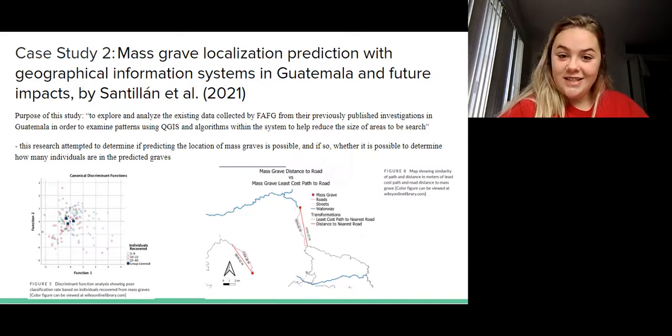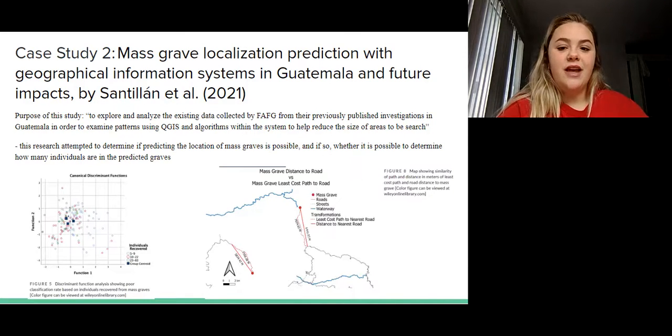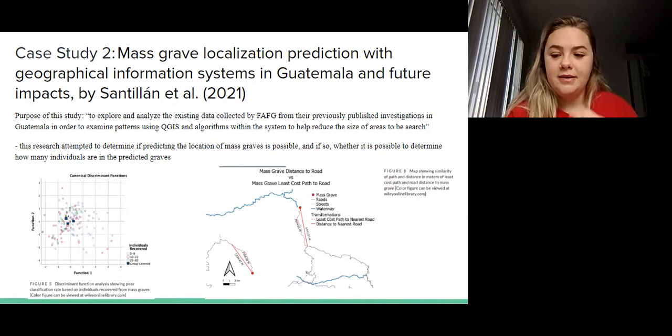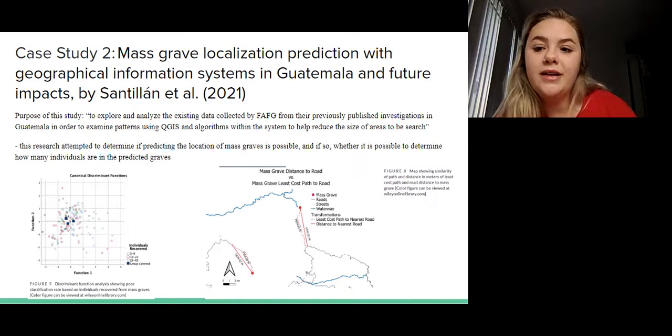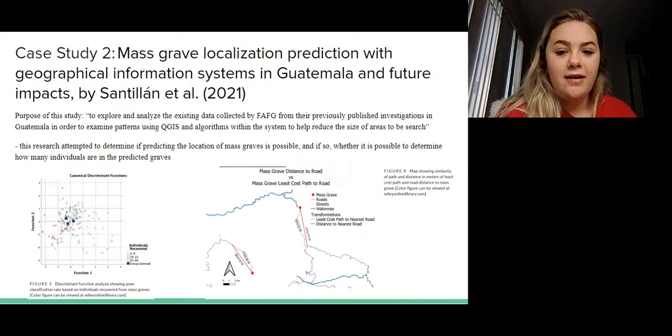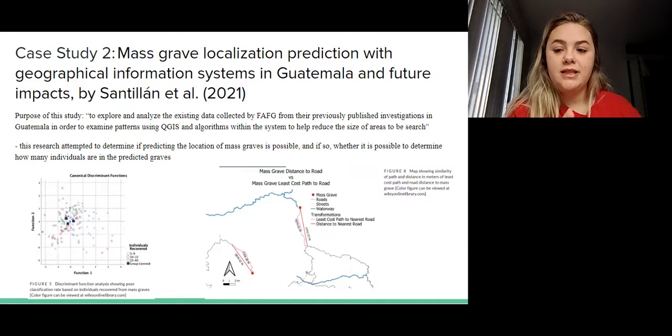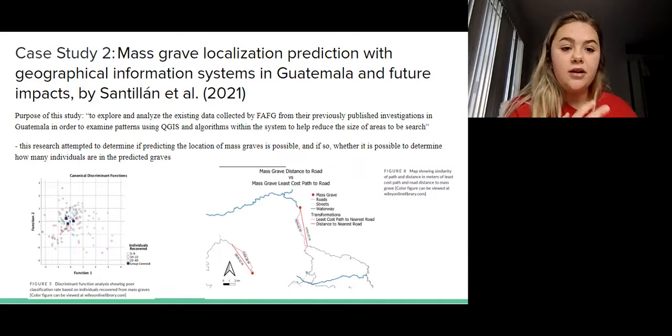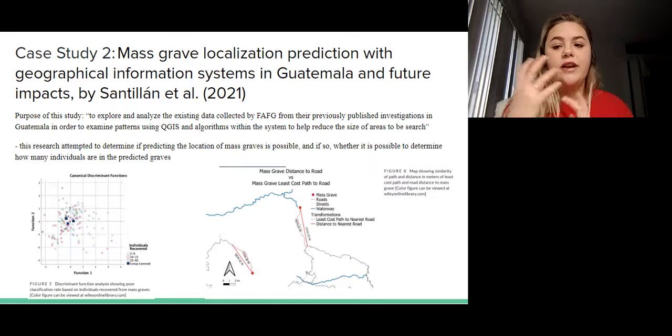From the results of this study, it is really clear that the number of individuals buried is not correlated with the variables examined in this study. The distribution of mass grave sites appears to be random relative to the variables analyzed. So the model used in this research indicates that it cannot be used to predict the location of all mass graves and still covers a relatively large portion of the country of interest.